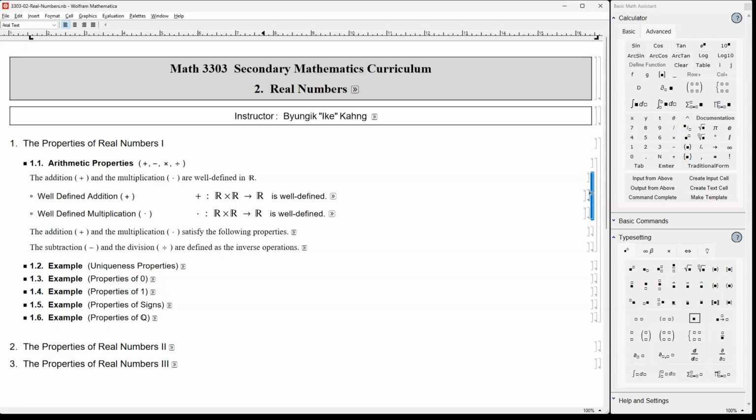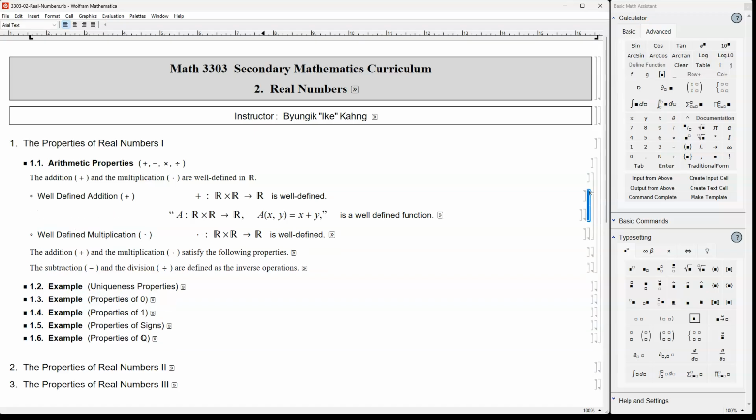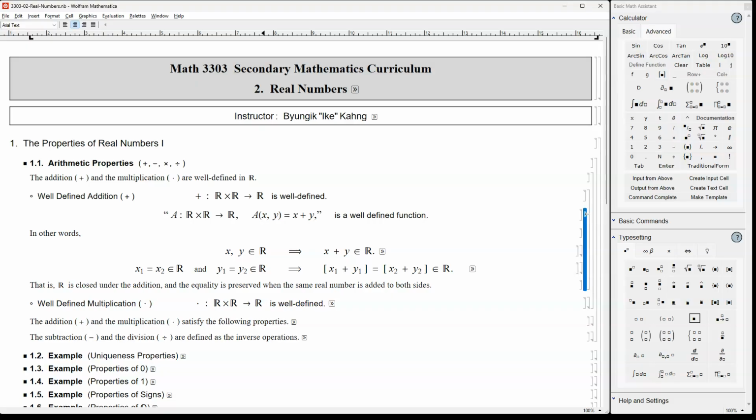Addition is well defined. What do you mean by that? Well, please recall addition is a binary operation, so it's a double variable function. Let's suppose a is that function, a for addition, and more traditional function notation like this. Yes, you can define it as summation. And is it a well-defined function? Basically, we're asking these properties.